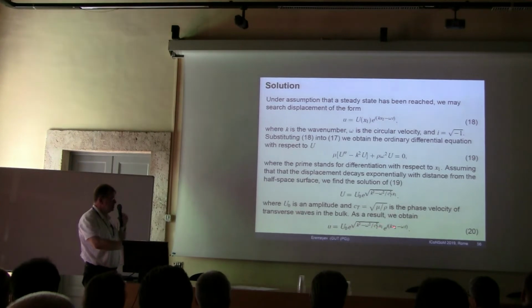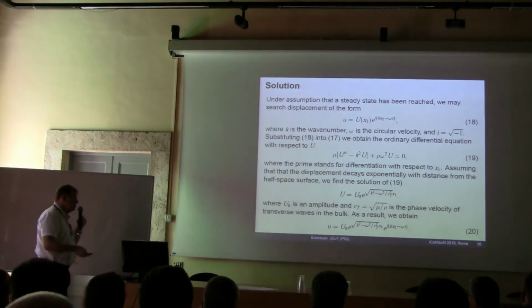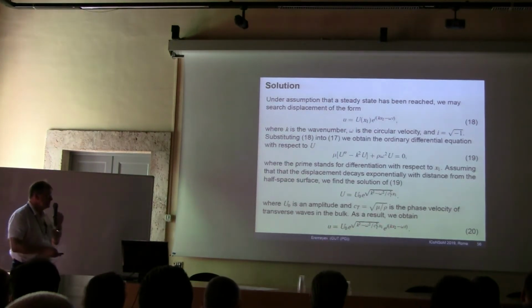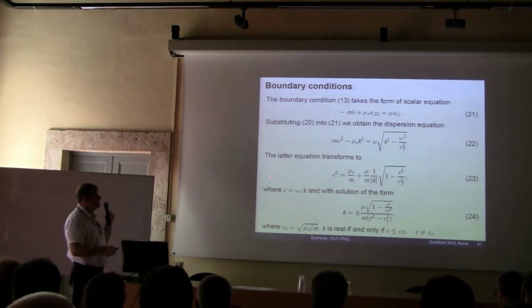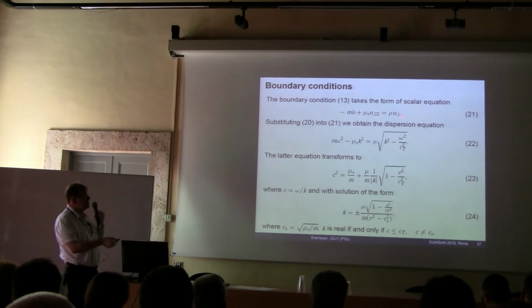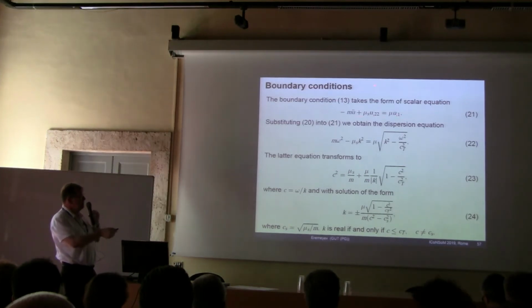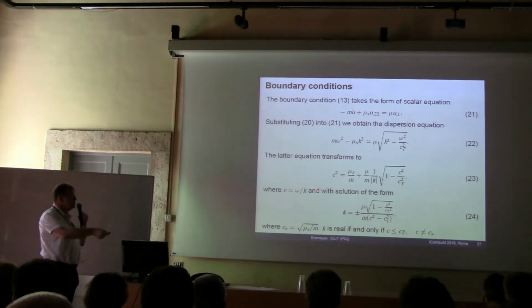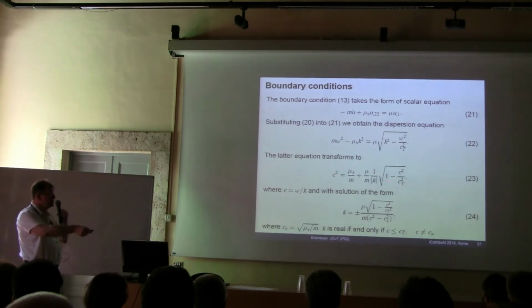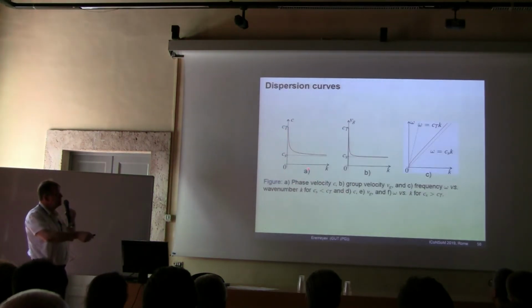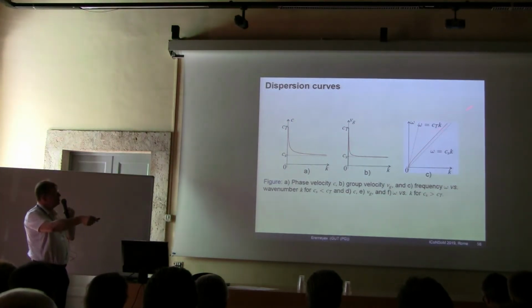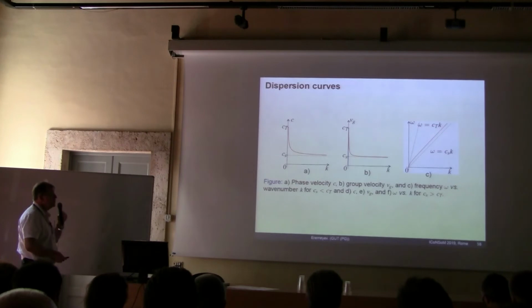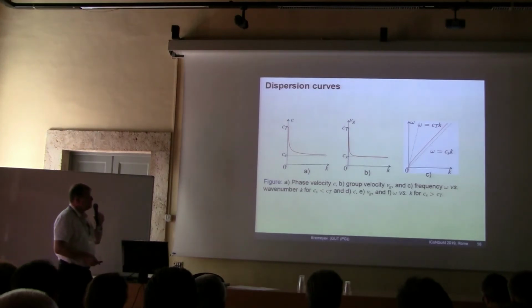Ct is the speed of the transverse shear wave in the bulk. Then we substitute it into the boundary conditions, which look like that, and we find a dispersion relation, which is presented here. We have the dependence of phase velocity, which looks like that. We have these dispersion curves presented here.